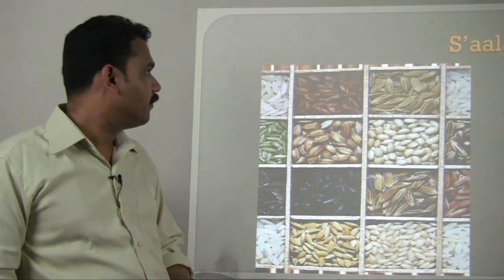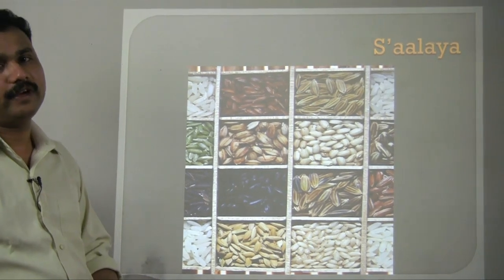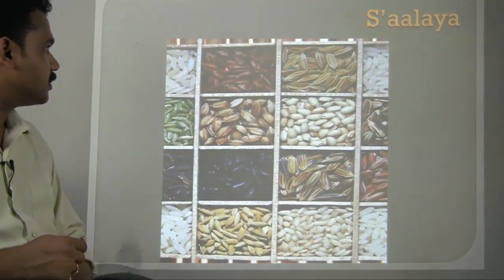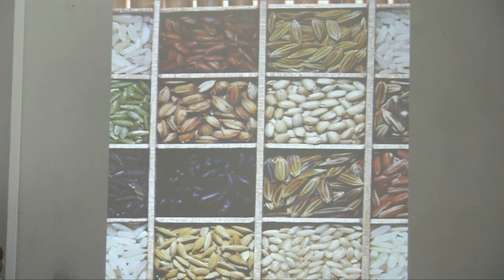And for your interest, I have just shown a slide where you find all these different types of shalis. You can see red varieties, you can see patanga, green varieties, you can see this lohavala, like black colored varieties, you can see very bright varieties, you can also see dull varieties.